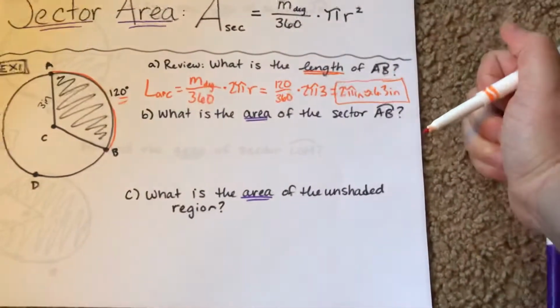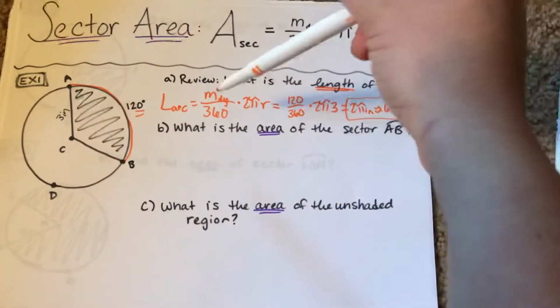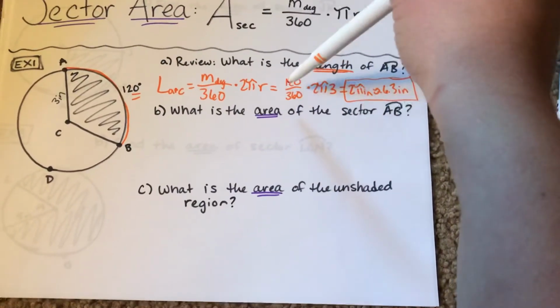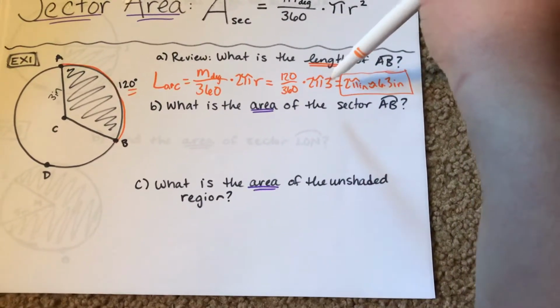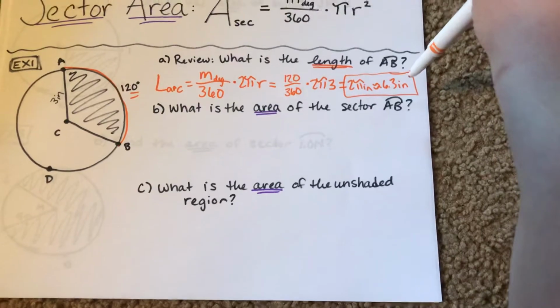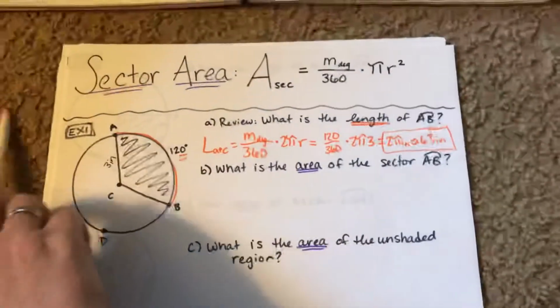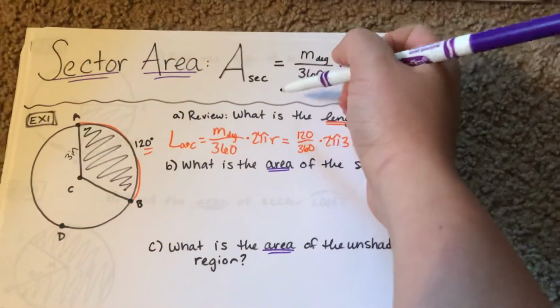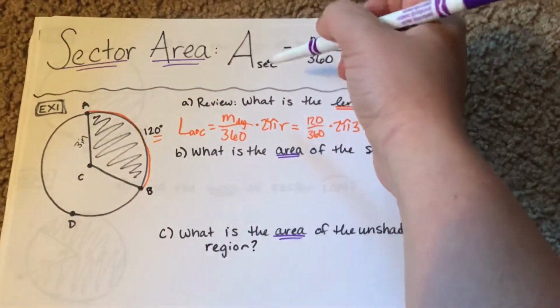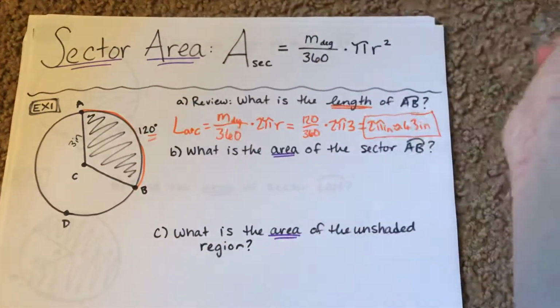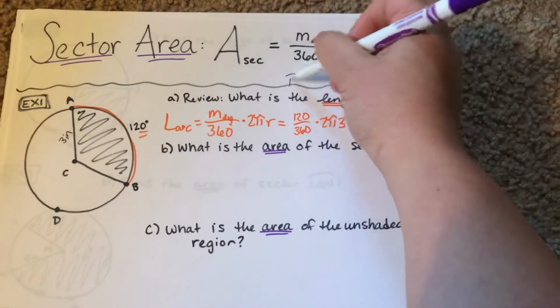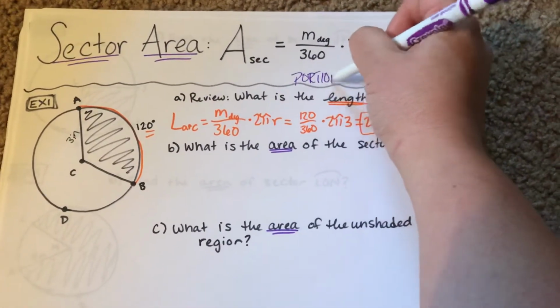So that was how we did arc length. We figured out the degrees, like what portion we're looking for, times the entire circumference to figure out what's left over. That portion is what we were looking for as our arc length. Same idea with sector area. Our area of a sector, so a portion of the circle, in this case we have it shaded so you can see that. It's still what portion of the circle are we looking at.